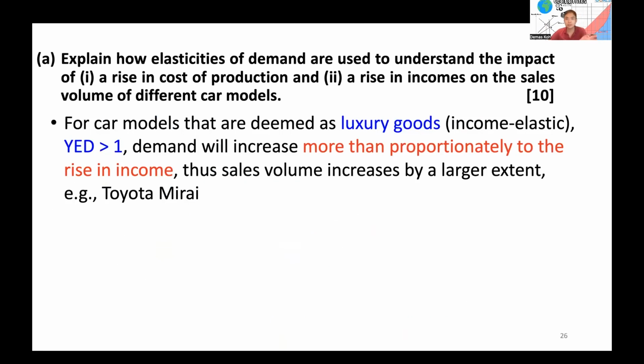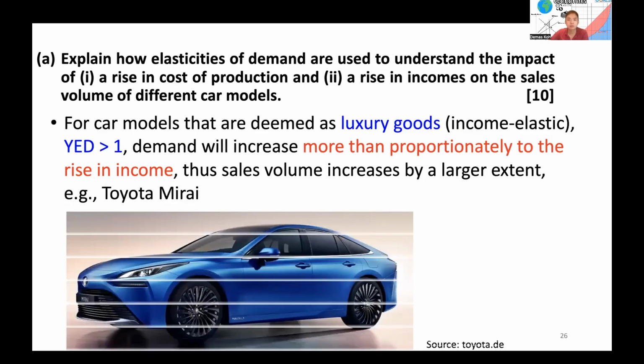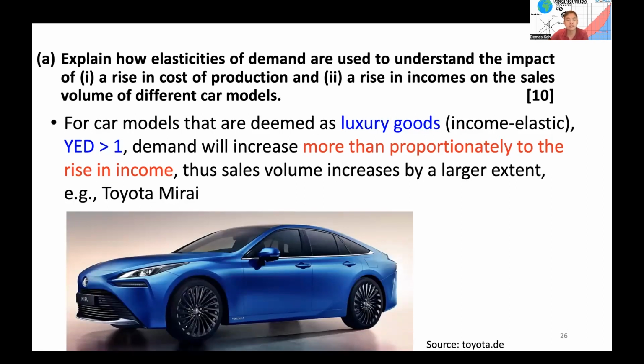Now, we're still at the same brand, so Toyota, but a different model. So we've got here the Mirai. I'm not sure if I'm pronouncing that correctly, but this might be deemed as a luxury good just because it has better features, and also it's not really necessary to drive such a high-end model, so to speak, of a car in everyday life.